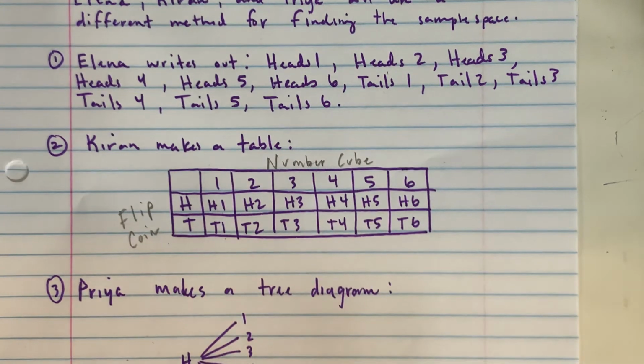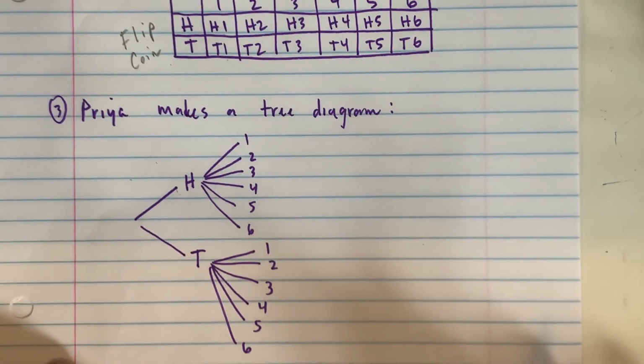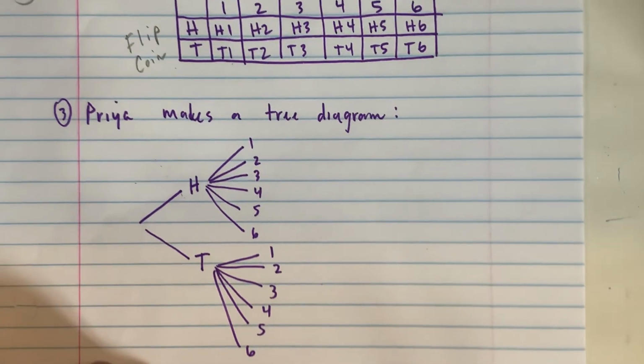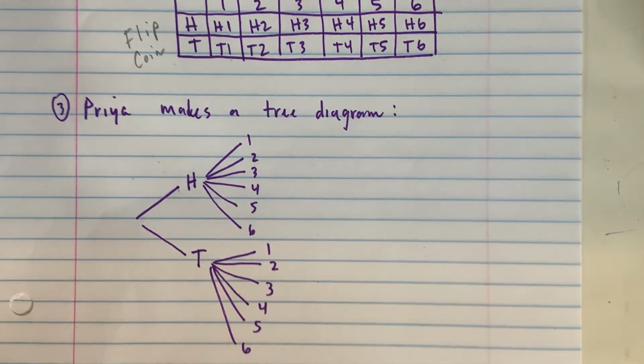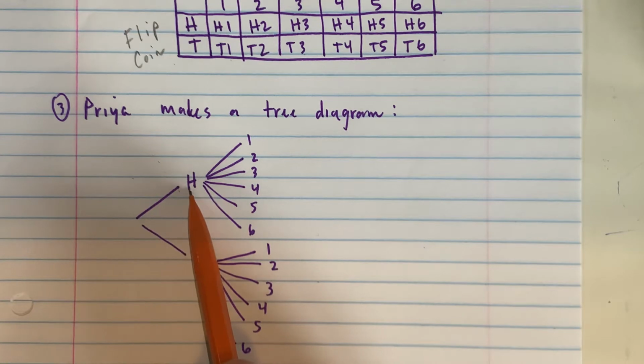And then Priya decides to make what's called a tree diagram. Okay, so looking at this situation using that tree diagram, which I know we've used in math before with different things like factors and prime numbers, here's a possibility. You could flip a head, and then what could you do after that?